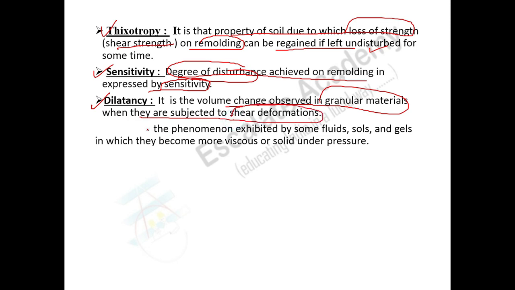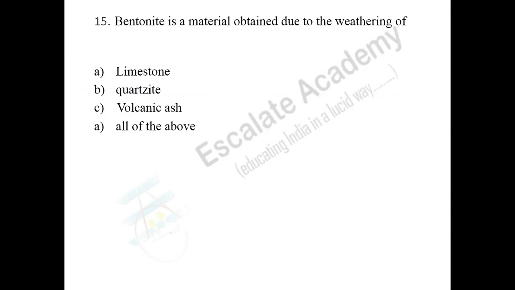And the phenomenon exhibited by some fluids like sols and gels, in which they become more viscous or solid under the action of pressure, is termed dilatancy. Just remember it. Bentonite is a material obtained due to the weathering of what? Volcanic ash. Learn it.